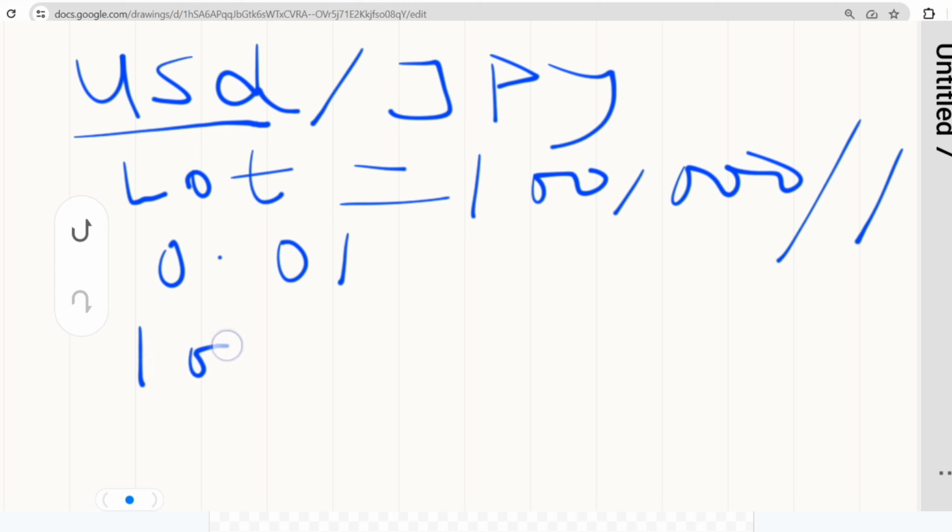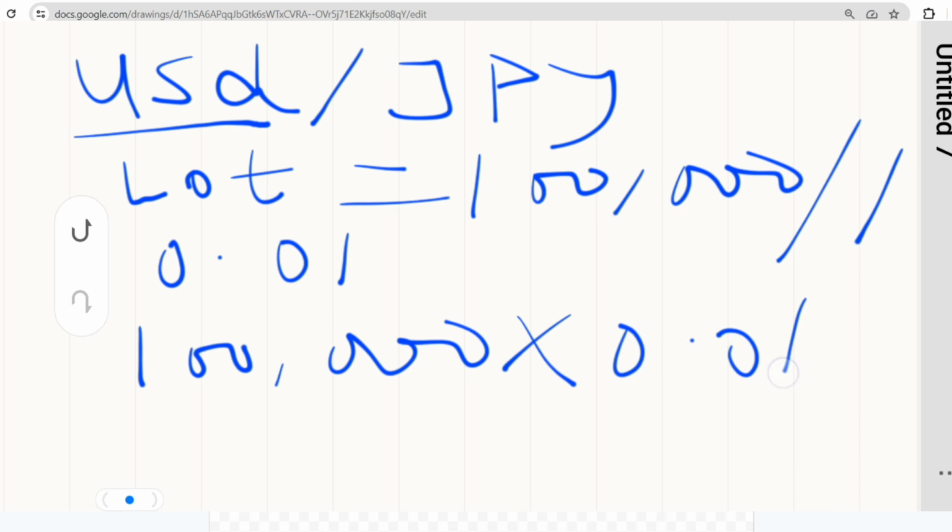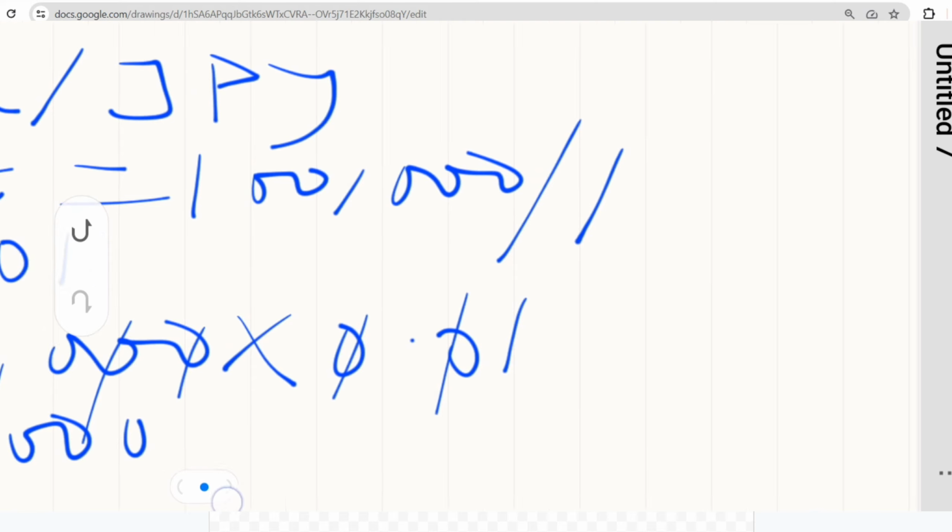So 100,000 times 0.01. Let's just do our simple math here. It's going to cancel out, so that is going to be 1,000 times 1, which is 1,000. 1,000 what now? We are going to have 1,000 JPY. We are going to have the value in JPY.